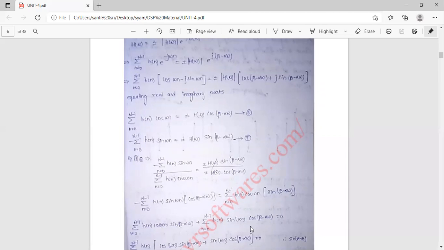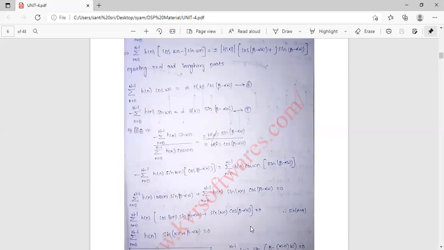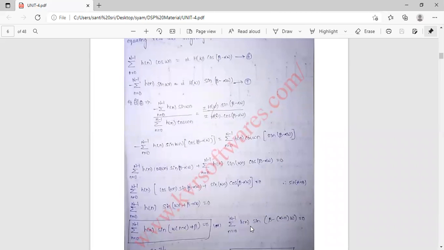By cross multiplying, we get minus sigma n equal 0 to N minus 1 of h of n sin omega n into cos of beta minus alpha omega equals sigma h of n cos omega n into sin of beta minus alpha omega. That is, sigma h of n cos omega n sin of beta minus alpha omega plus sigma h of n sin omega n cos of beta minus alpha omega equals 0.